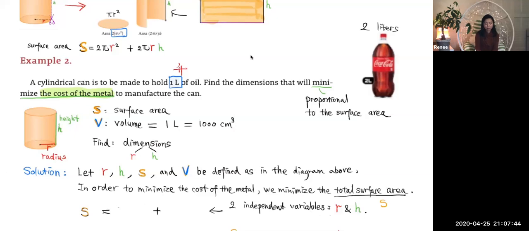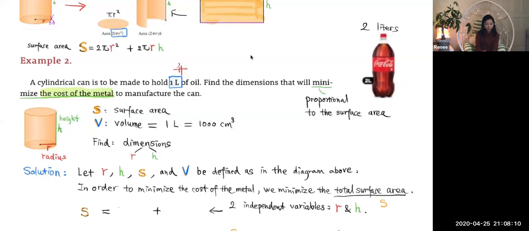It doesn't give us a price for the metal, so in order to minimize the cost of the metal, we want to minimize the surface area of the can, because the surface area is proportional to the cost of the metal.